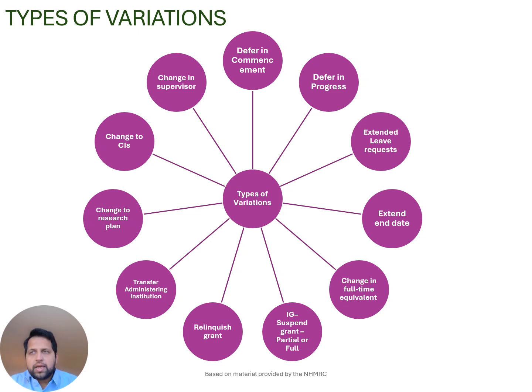NHMRC understands that when you accepted the funding agreement or accepted the invitation to be a CI on the application, you accepted being a part of it for the duration of the project, and not just for some duration until a new opportunity came up.